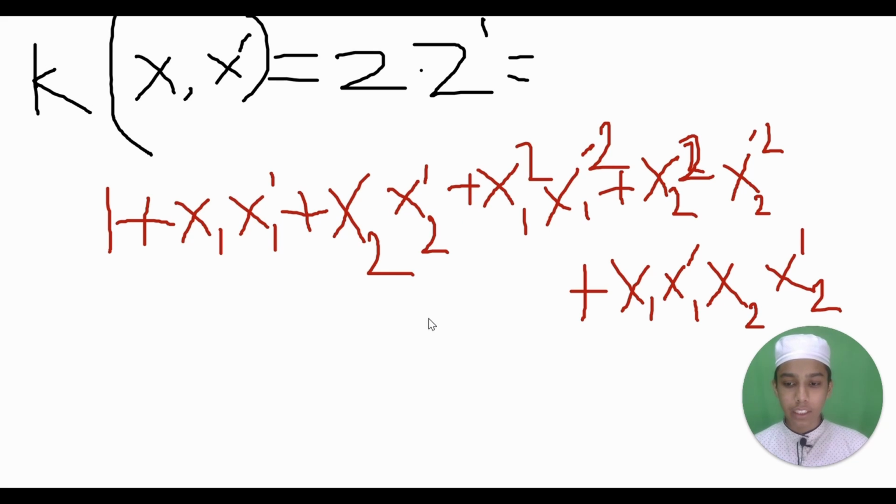Now, as you can see on the screen, we have k of x comma x prime equals z dot z prime equals.